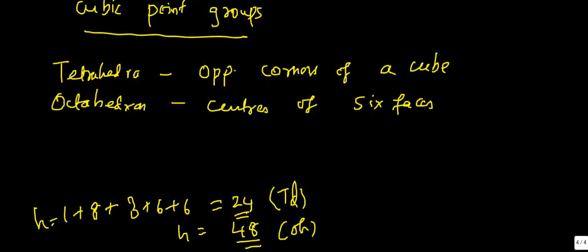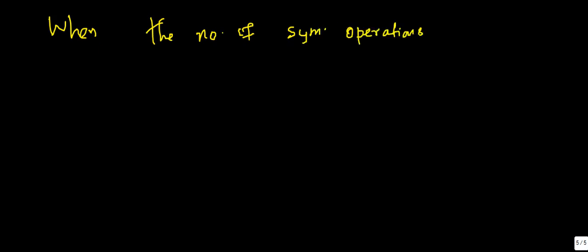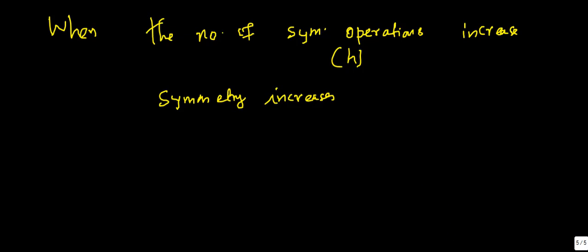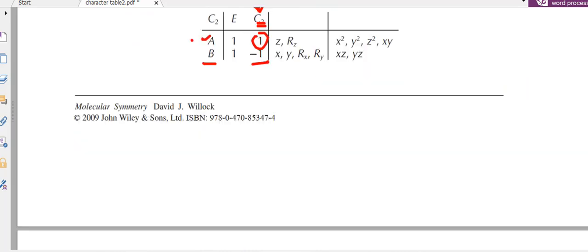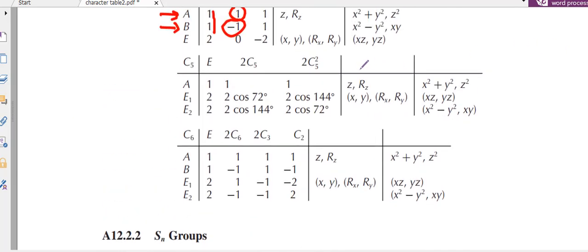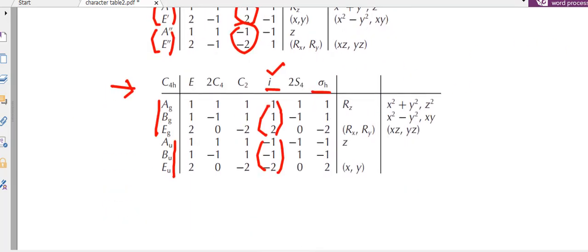So summing up these features, you can write that when the number of symmetry operations, that is h, increases, symmetry increases. The other thing you should know in general is that in every character table you find several letters on the right hand side like this.